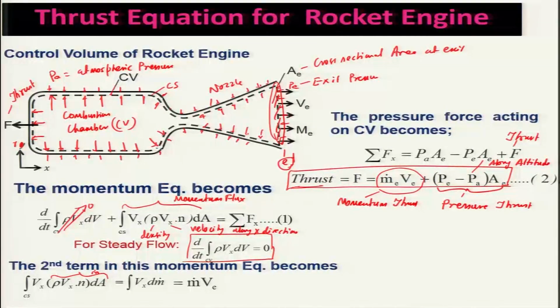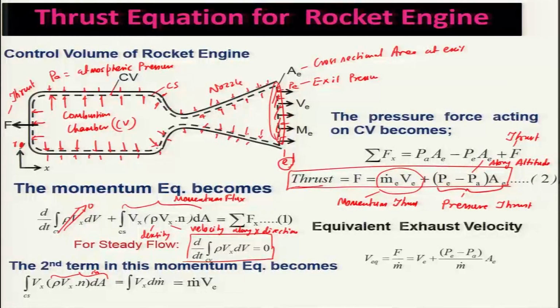Sometimes we need to express this thrust, the total thrust that is contributed by the momentum and the pressure, in terms of momentum thrust, for which we will have to define the equivalent exhaust velocity, that is V EQ, which is nothing but F divided by m dot, the total mass flow rate through the engine.